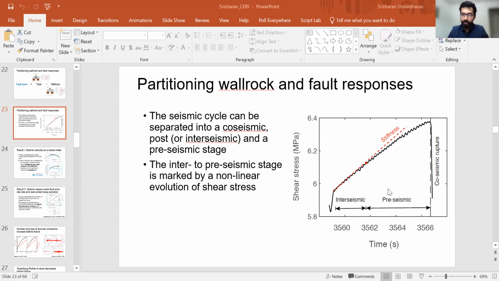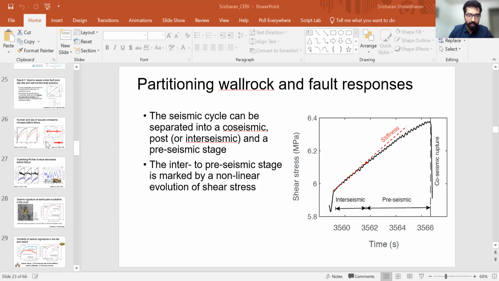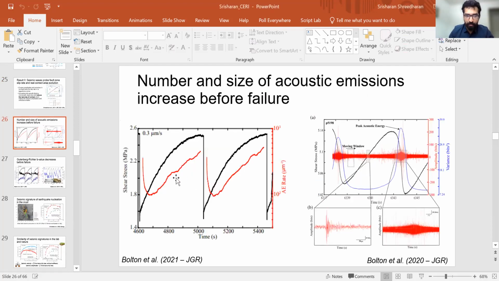Whereas in the lab, my pre-seismic moment release can sometimes be up to 5 or even 10% of my co-seismic moment release. So I don't know that there is a clear relationship between what we demarcate as pre and interseismic in the lab versus what you would do seismologically. I don't think there's a good way to do it.